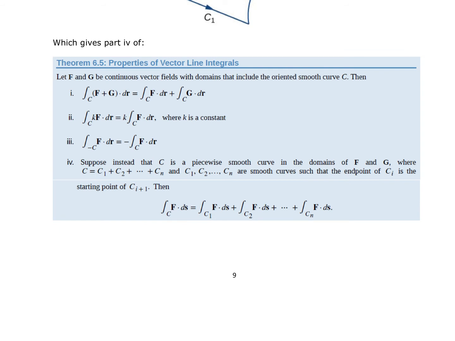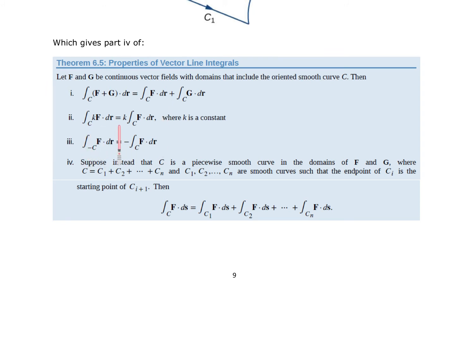Let's talk about what each and every one of these properties are. This first property is similar to what we would expect in regular single variable integrals: if I have these two vector fields f and g, dotted with dr, then I can break them apart with addition.